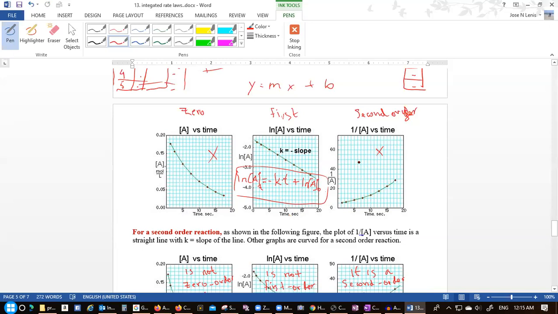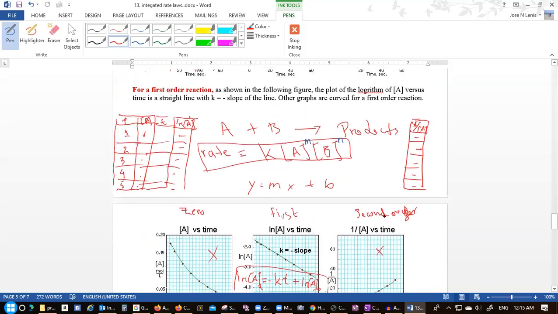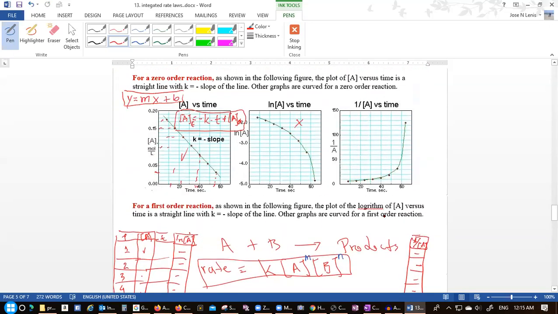And then, what would you say here? You will say this reaction is not first order with respect to concentration of A, because you didn't get a straight line when you plot 1 over A against time. And here, exactly the same analysis.